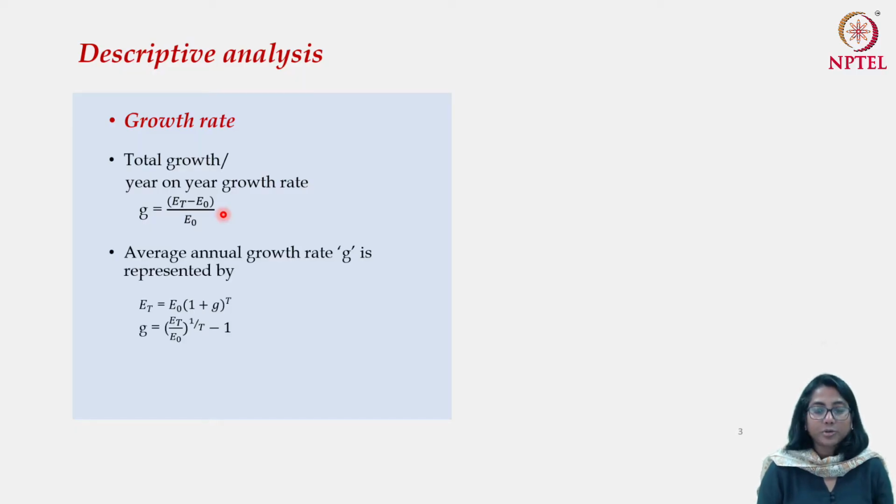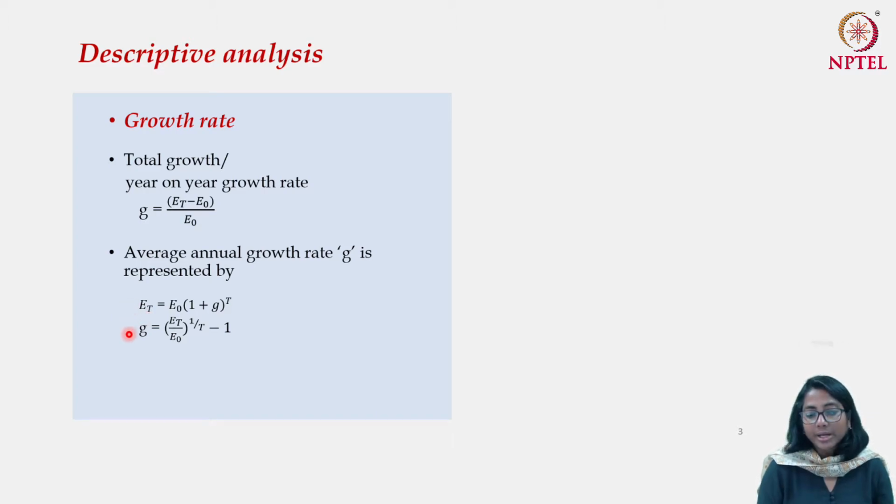The next rate of growth that we can consider is the average annual rate of growth. This is also again represented by G. We can think about this formula: E_T, that is the terminal energy demand, is equal to E naught, that is the initial energy demand, times (1 plus G) to the power T. So your energy demand is growing at the rate G, so that if the initial demand is E naught and it grows at the rate of G, then at some terminal point this becomes E_T.